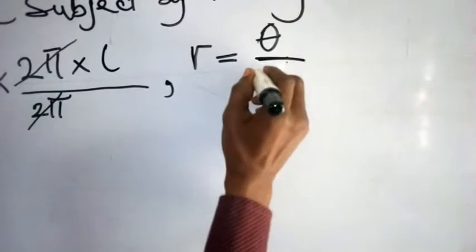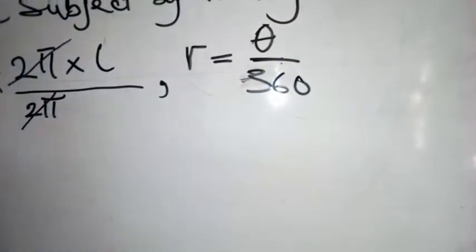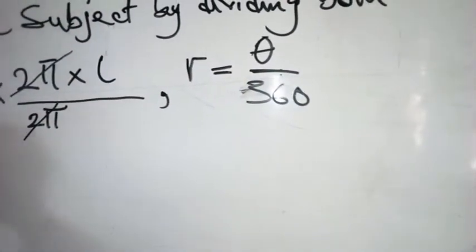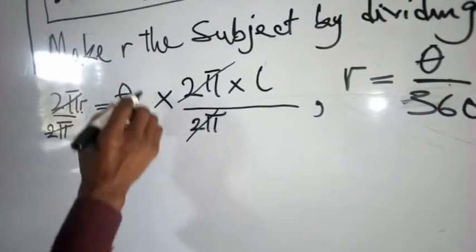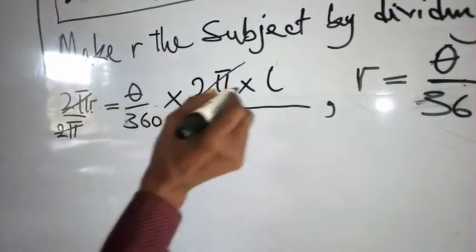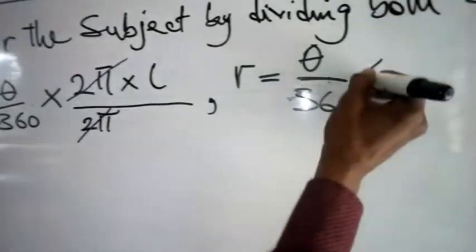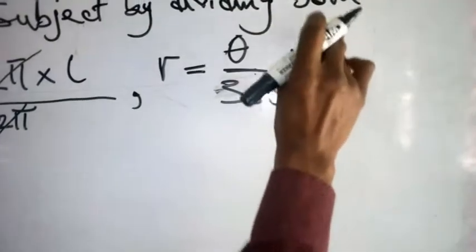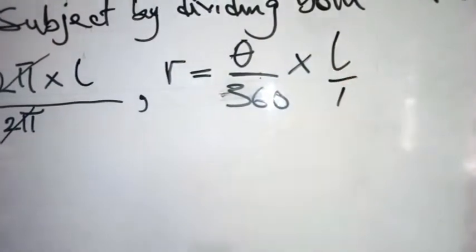Don't forget that. 360 times, look at it there. Look up. Everybody should look up. Theta all over 360 times slant height. Some people used to say slant height over 1.